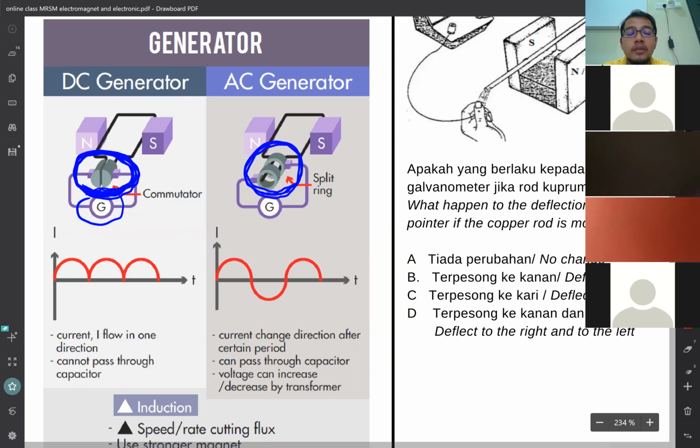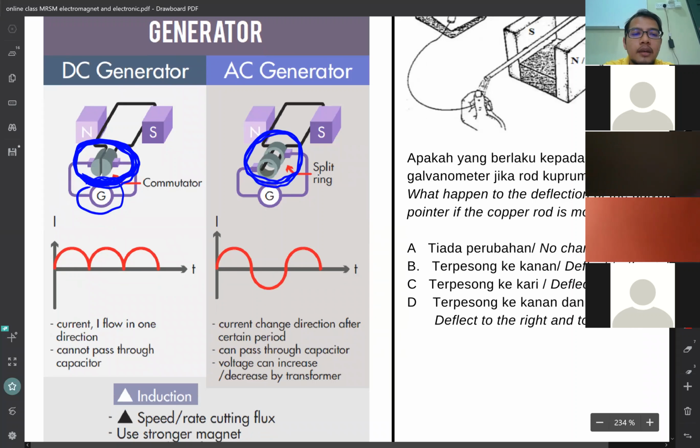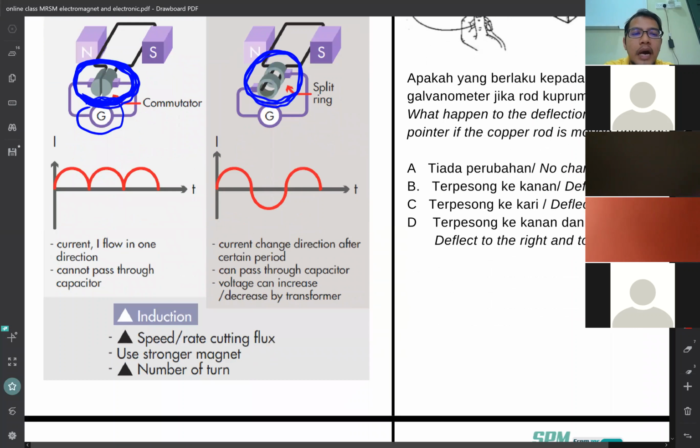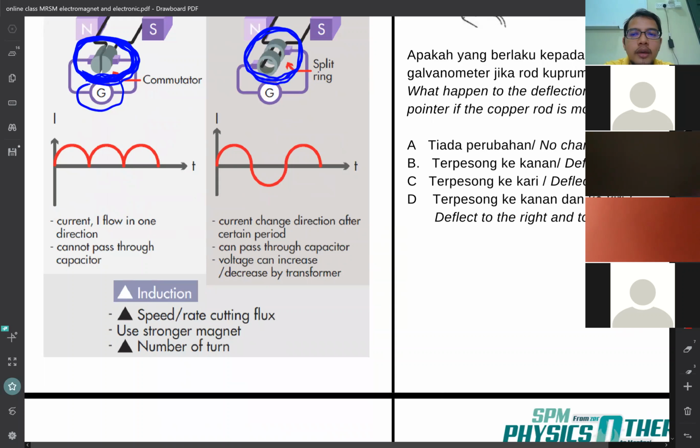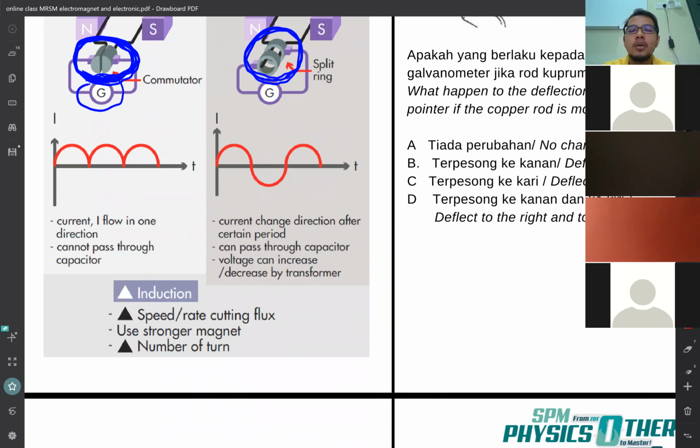So that's a main difference. And a graph is the output for direct current and also alternating current. So there is the difference between direct current and alternating current.